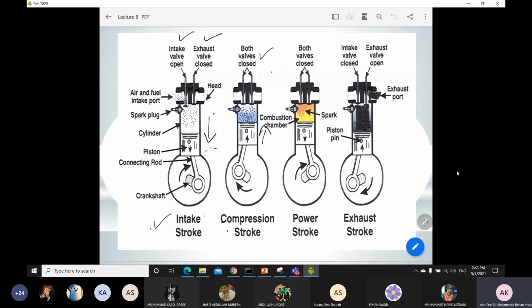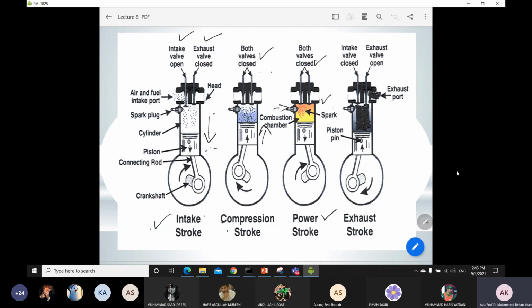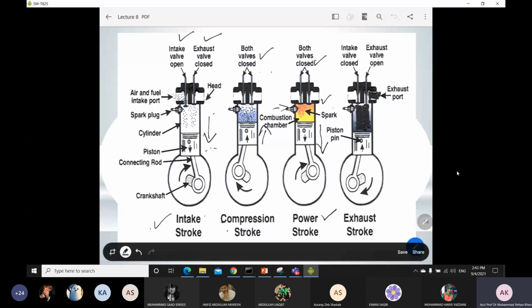Okay, and after this there will be a power stroke. Your spark will happen. Both valves are closed when the spark happens inside your cylinder, and then there will be a combustion process, and after combustion your piston will move towards the bottom side.